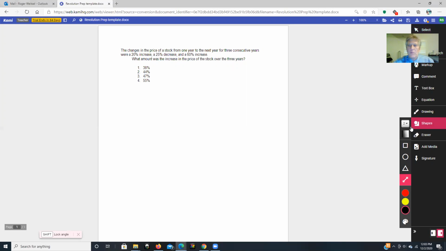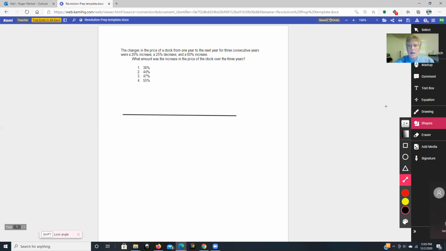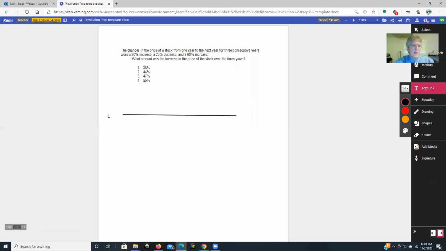So I am going to make some lines here. So first of all, I'm just going to make a horizontal line there. And what that's going to represent is a stock price of $100.